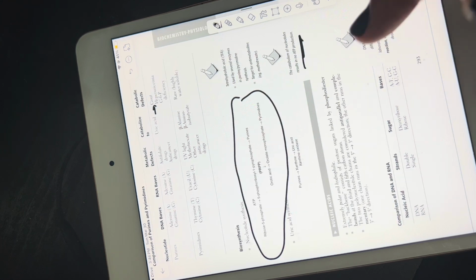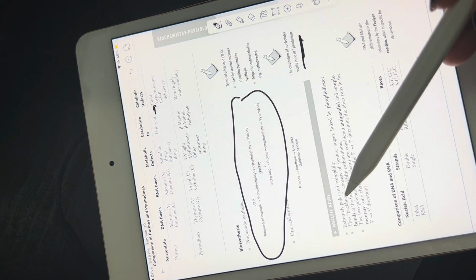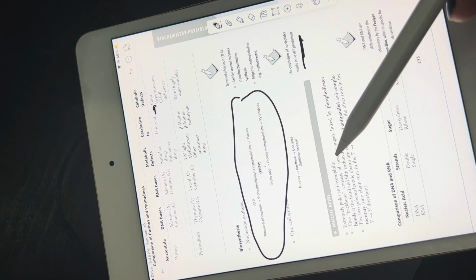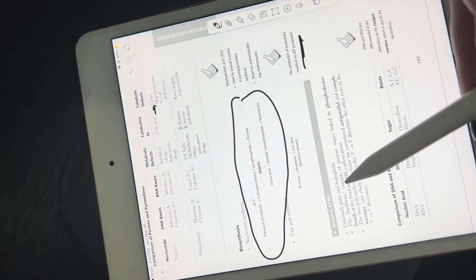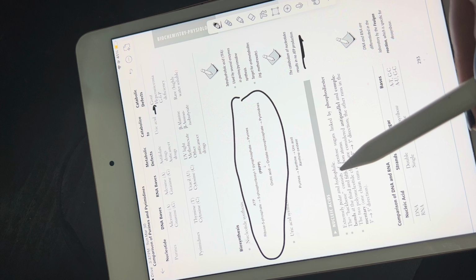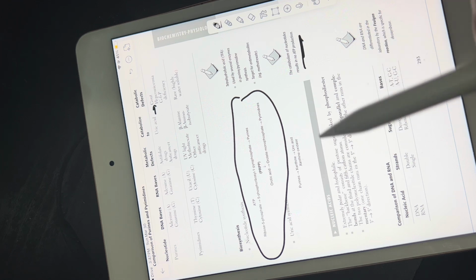And then next we move to nucleic acids. Nucleic acids are basically polar and hydrophilic, meaning water loving.